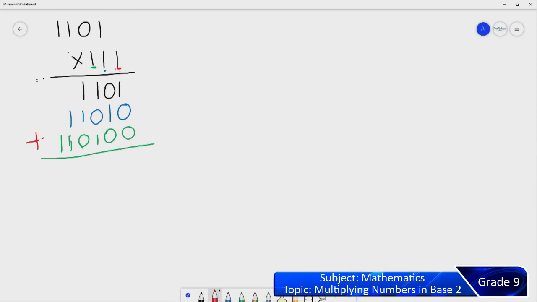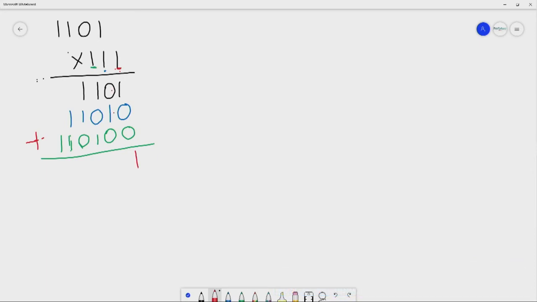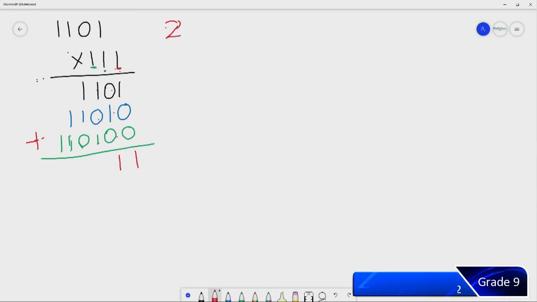So starting from the back, 1 plus 0 plus 0 gives us 1. 0 plus 1 plus 0 gives us 1. 1 plus 0 plus 1 gives us 2. We can't write the 2 in, we have to put it outside and do our regular division.